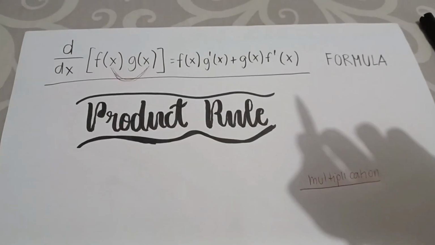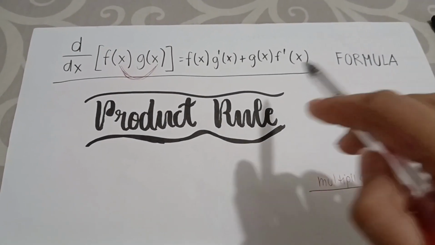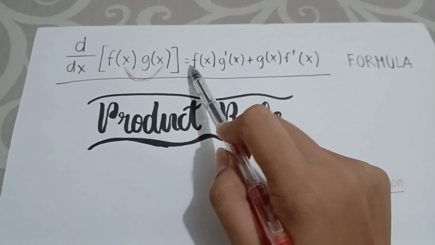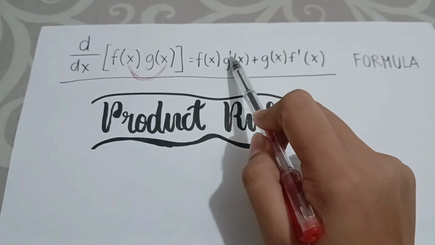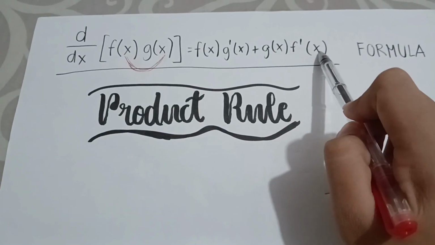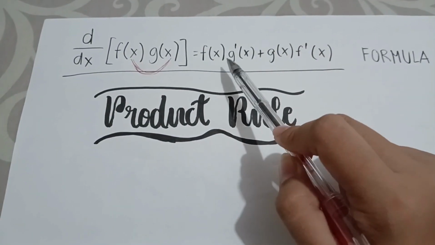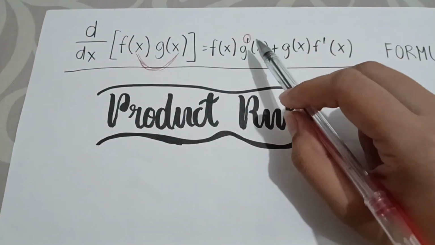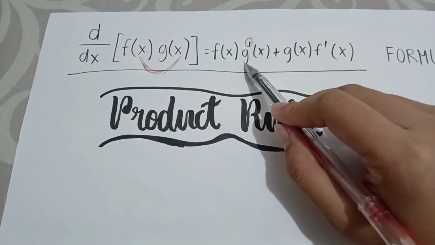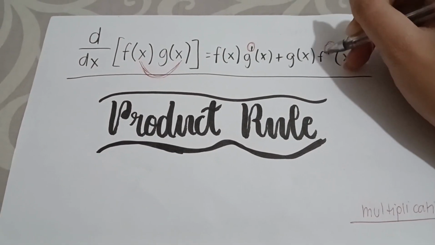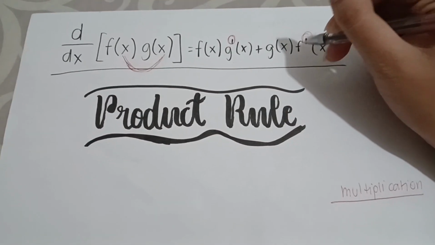In our case, our formula is: the derivative of f of x times g of x equals f of x times g prime of x plus g of x times f prime of x. This g prime means the derivative of g, and this f prime is the derivative of f.